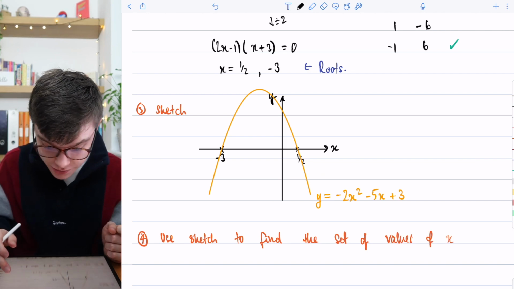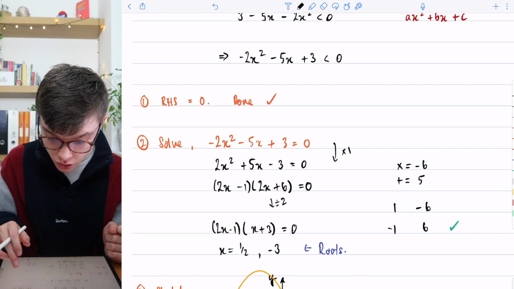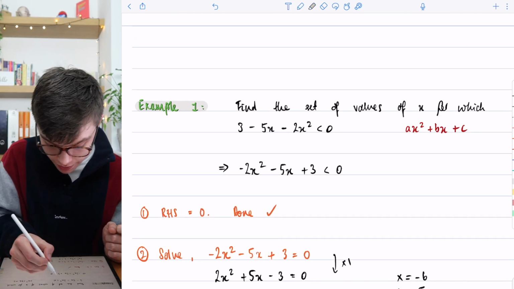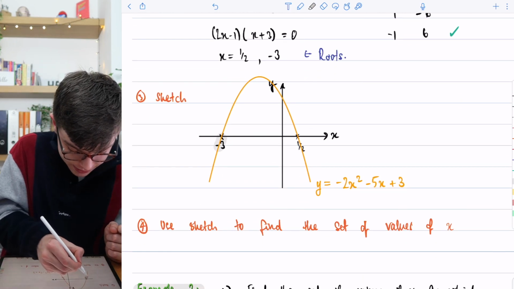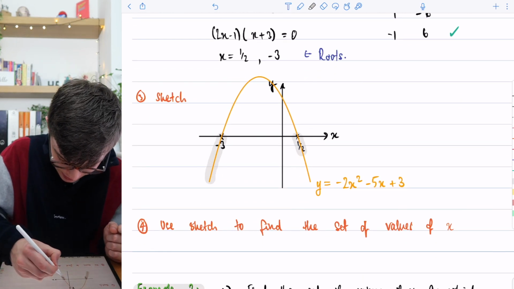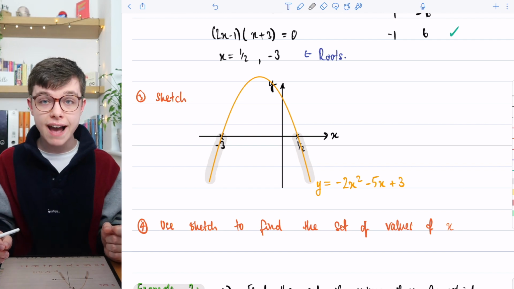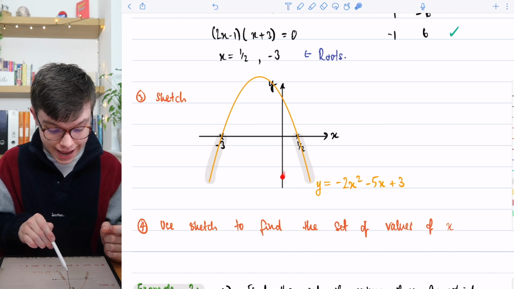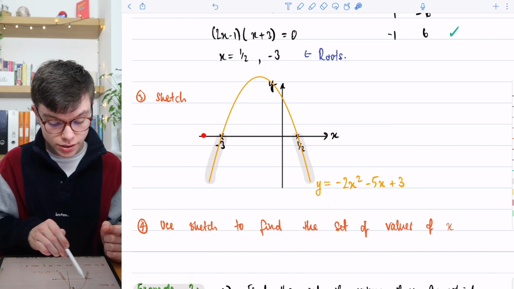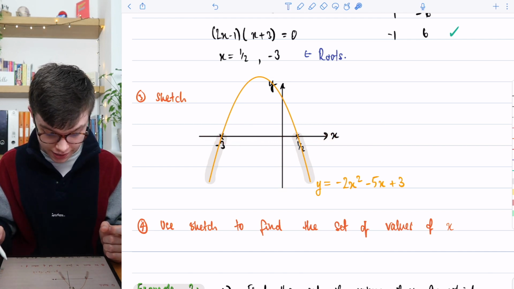So to do that, we want where the graph in the question is less than 0. Like I said previously, we want the bits less than 0, where y is negative. We want these parts here, in other words, the parts that are under the x-axis.